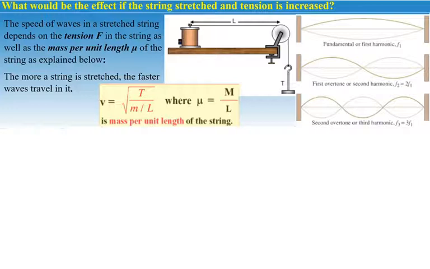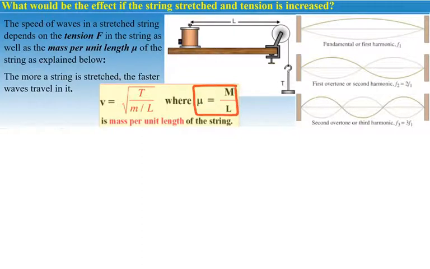The speed of waves in a stretched string depends on the tension F in the string as well as the mass per unit length. Sometimes they use mu as mass per unit length. So you see it right here. It is mass per unit length. How much mass per length?